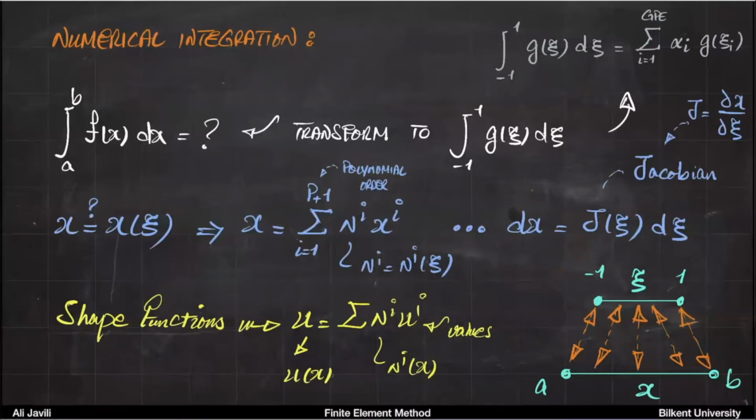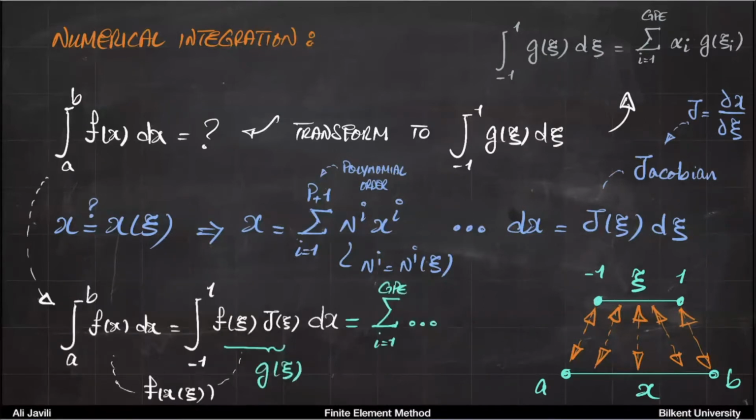In a two-dimensional setting, you will understand the meaning of this Jacobian better than you can feel it now, I'm sure. Once you are done with that, you can integrate any function from A to B in a physical space, or any polynomial, by its approximation in terms of xi from -1 to 1.